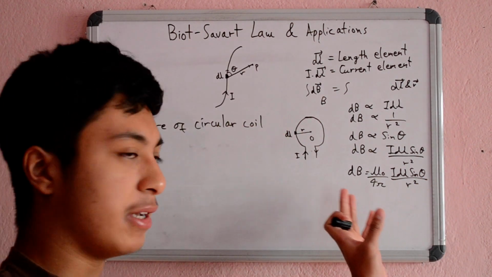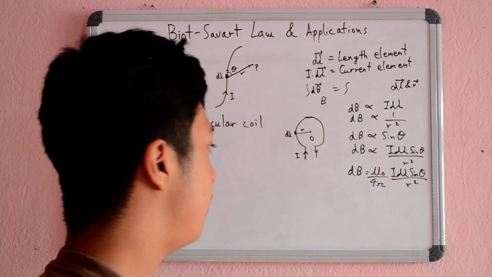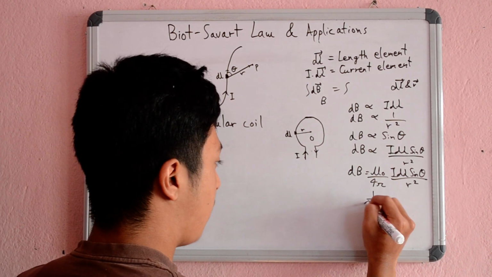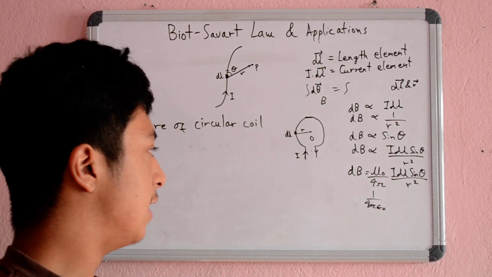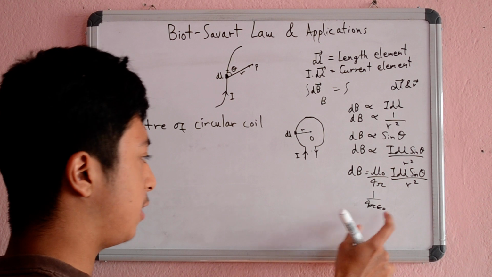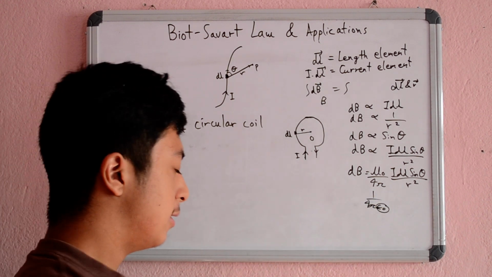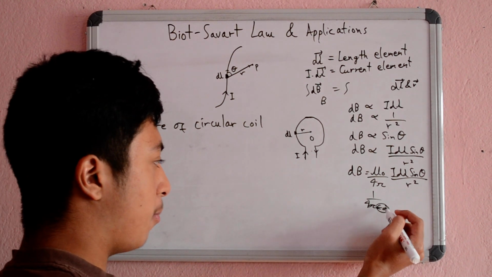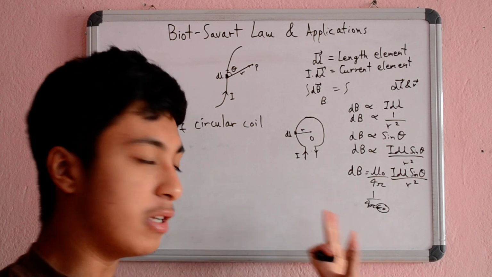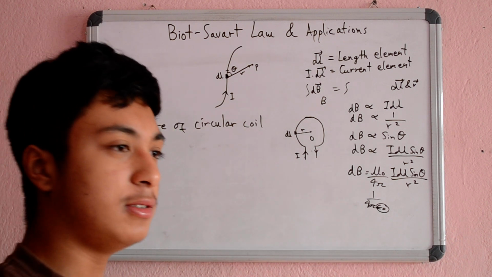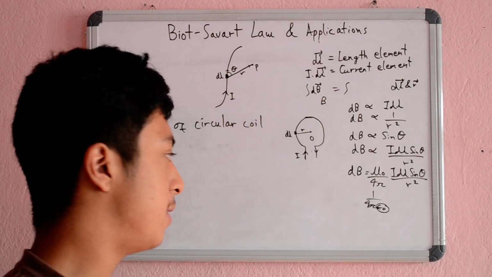If you remember in electrostatics in chapter 11, class 11, you will find 1 by 4 pi epsilon naught for electric field, and this is for magnetic field, so it is kind of similar. And this epsilon naught for electrostatics, instead of having it at the bottom, we have it at the top, and this was known as permittivity of free space. And here, similar to this, it is known as permeability of free space.